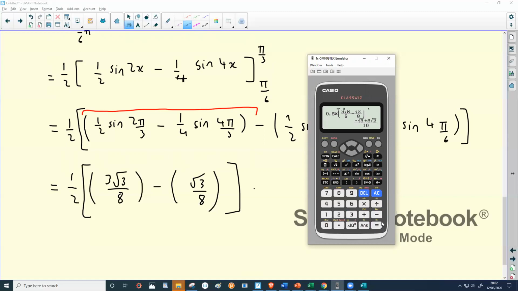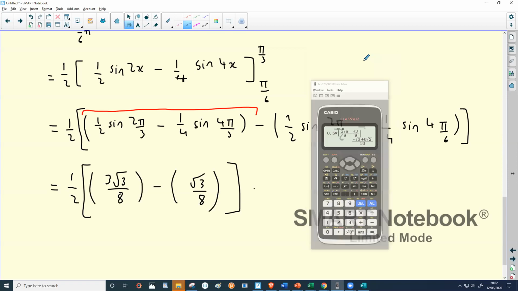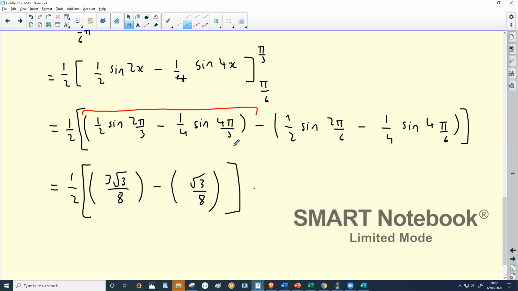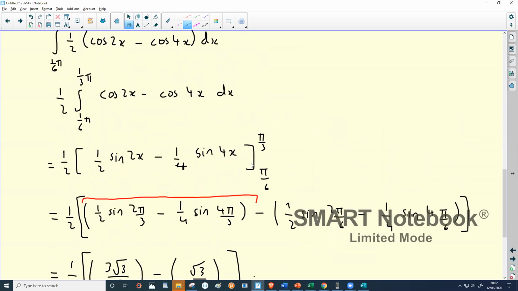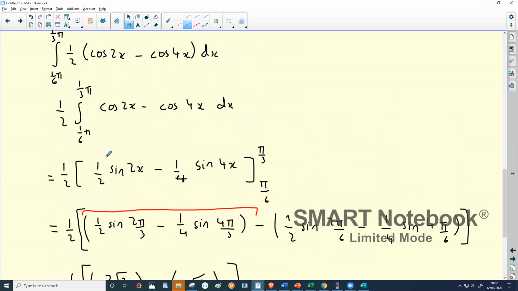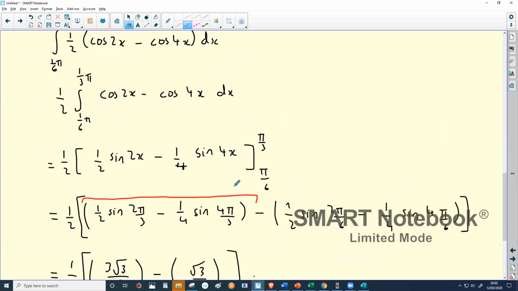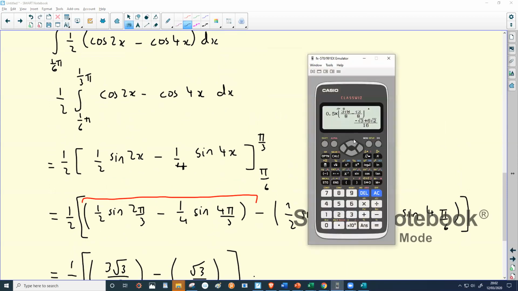I don't get what I want. Let's have a look at this. Where's this gone wrong? Have I gone wrong anywhere here? 1 over 2, 1 over 4, pi over 3 and pi over 6. And that looks fine.